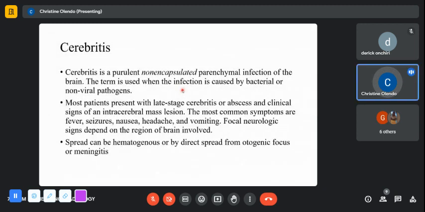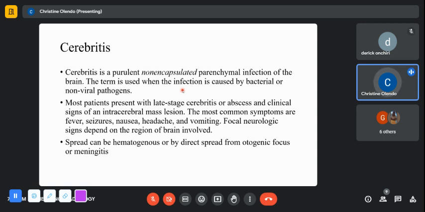Right. So we have cerebritis. It is a purulent non-encapsulated parenchymal infection of the brain. The term is used when the infection is caused by bacteria or a non-viral pathogen. Most patients present with late stage cerebritis, which is now the abscess formation, and clinical signs of an intracerebral mass.